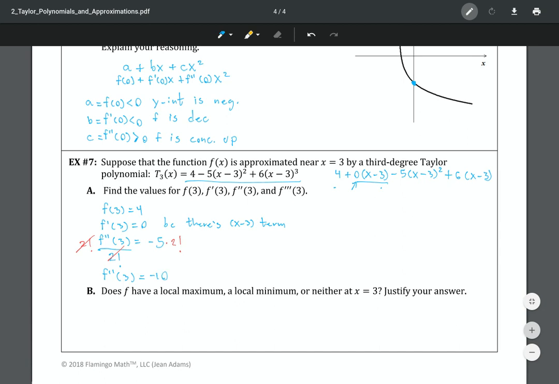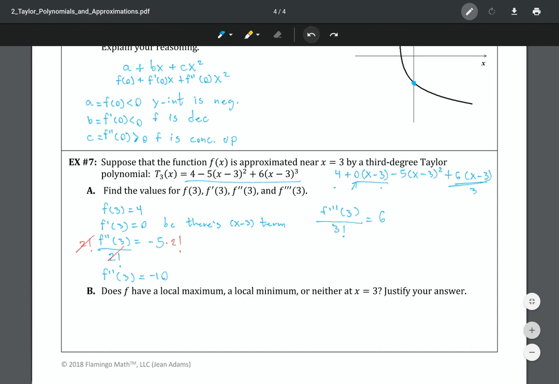Now let's go on and find, do I need any more terms here? Yeah, we need one more. There's that 6. So same reasoning, f triple prime of 3 over 3 factorial is equal to 6, because normally all of this is over 3 factorial.